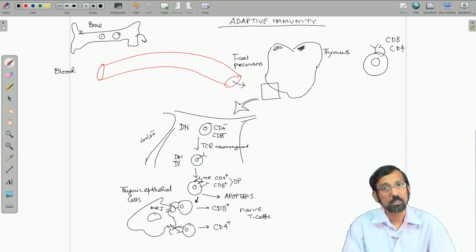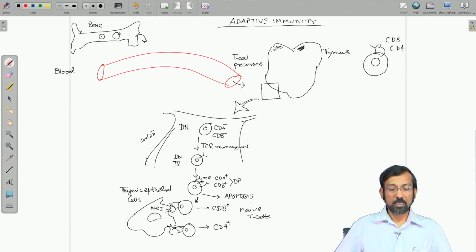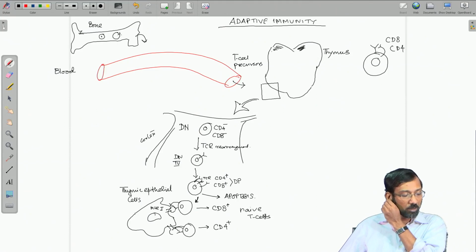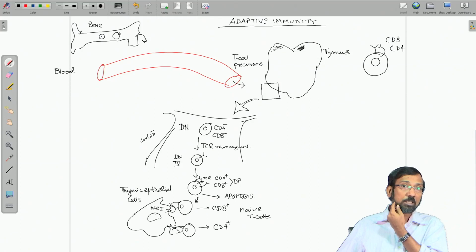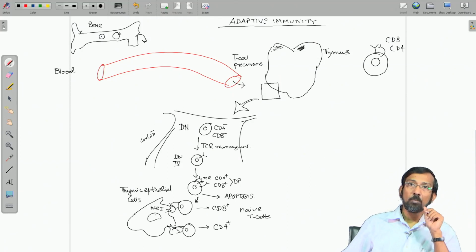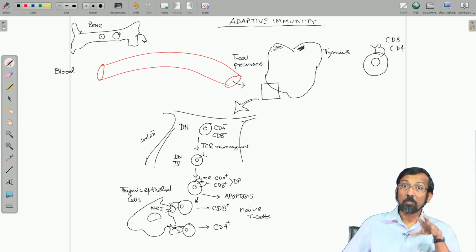Now, these naive T cells, after being selected as CD8 plus and CD4 plus cells, can undergo a second round of selection, and this selection usually occurs with the help of macrophages or antigen presenting cells.